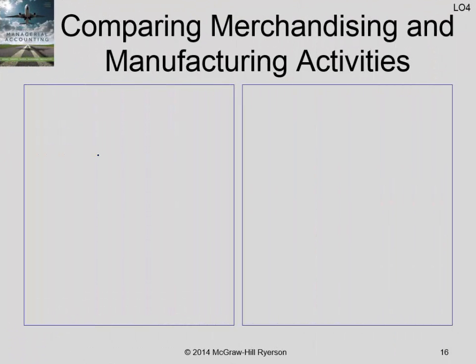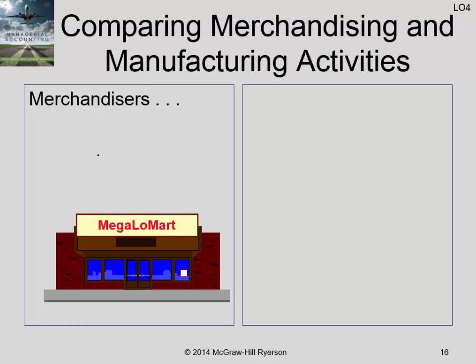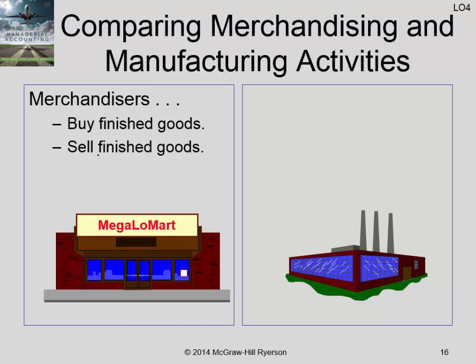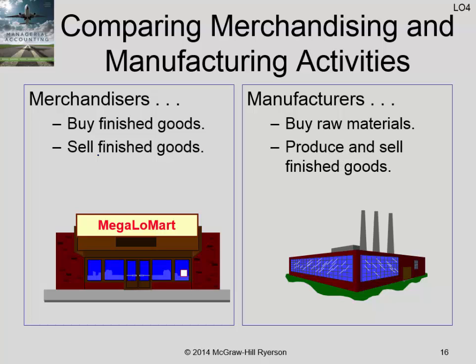Another definitional thing for us to look at is the distinction between merchandisers and manufacturers. Merchandisers basically buy somebody else's products for a low price and turn around and sell them for a higher price. By contrast, a manufacturer will buy or even make, if they're harvesting lumber or something, the raw materials, and then work on those to create finished goods, which they will then sell, potentially to a merchandiser, or even to another manufacturer.